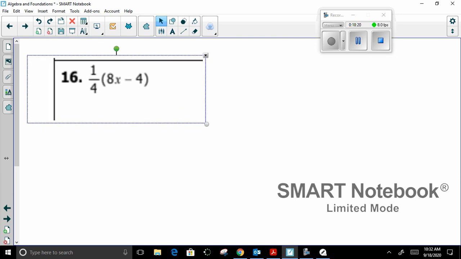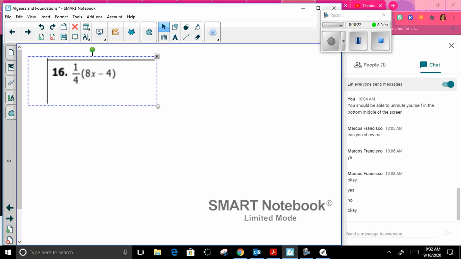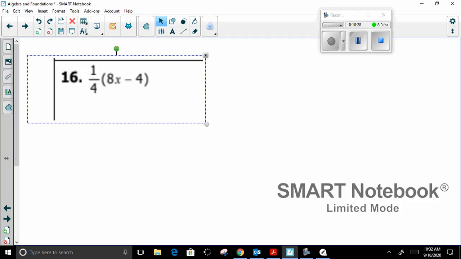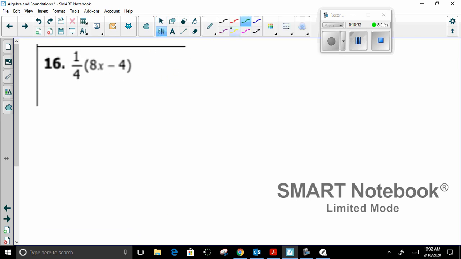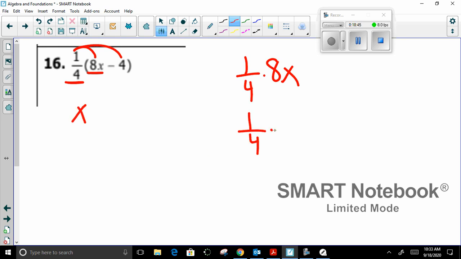Ooh, they're throwing some variables in here. So let's have our calculator up in case you need a refresher, I'll remind you. Okay, so let's go ahead and distribute the 1/4. So 1/4 times 8x. Keep the x. 1/4 times 8.